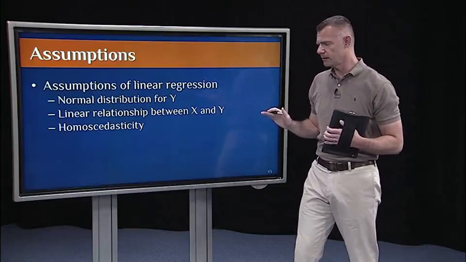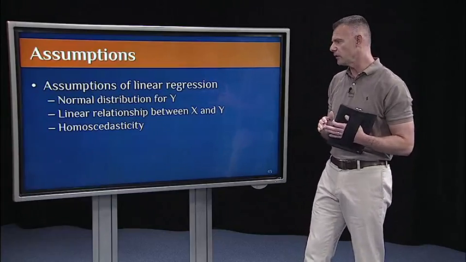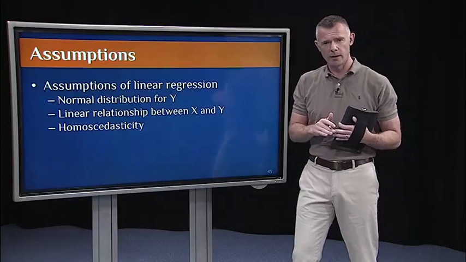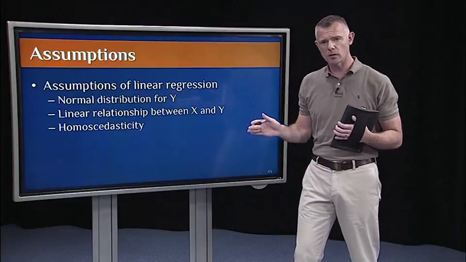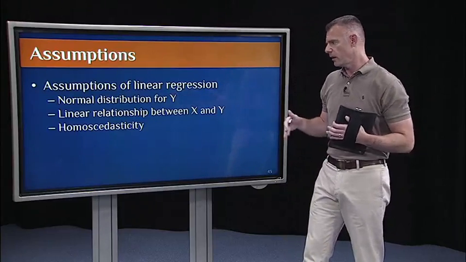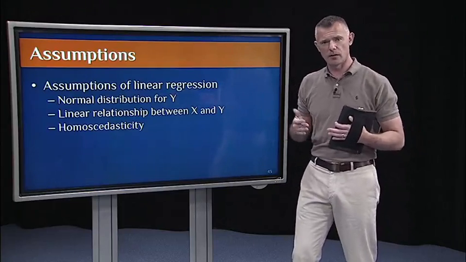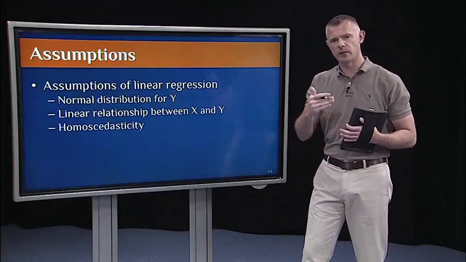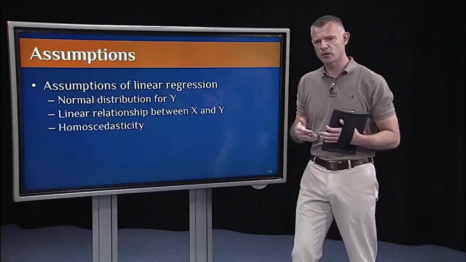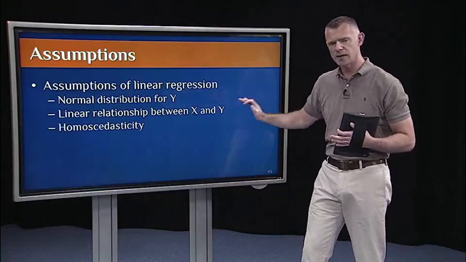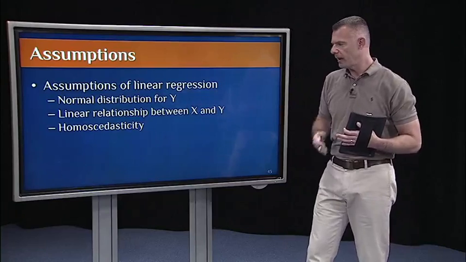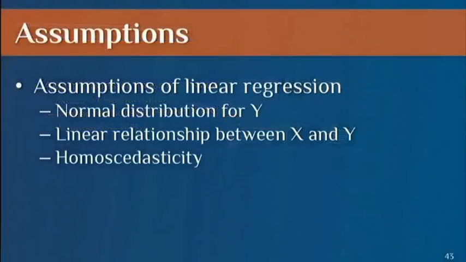The second is that we're looking for a linear relationship between x and y. Again, later in the course, we'll deal with nonlinear relationships, and there are certainly ways to handle that, but for now, as we're starting out, we're just going to deal with normal distributions and linear relationships. And then again, remember, we have this assumption of homoskedasticity, which I'll show you again in the scatter plots.